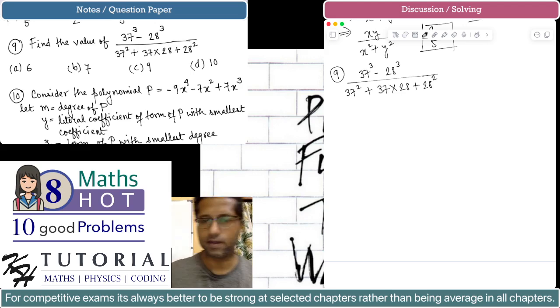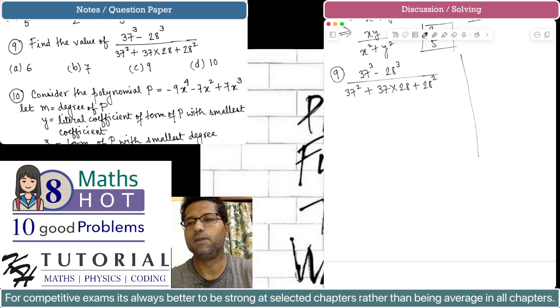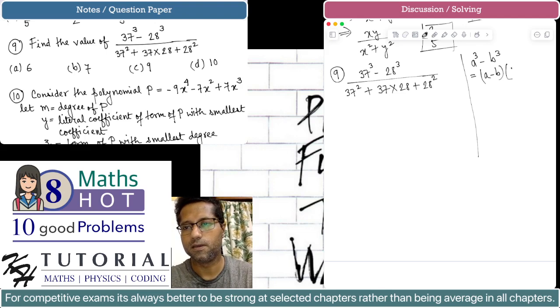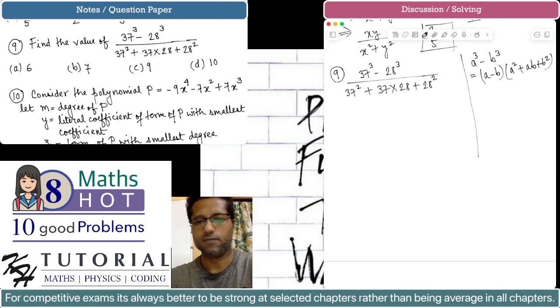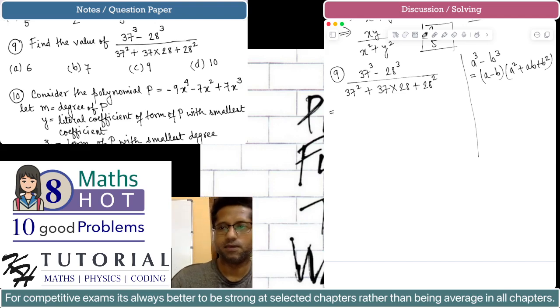In the numerator we have the form a cube minus b cube, and you must be familiar with the identity: a cube minus b cube is equal to (a minus b) multiplied by (a square plus ab plus b square). We can clearly see that the denominator has the form a square plus ab plus b square, where a is equal to 37 and b is equal to 28.